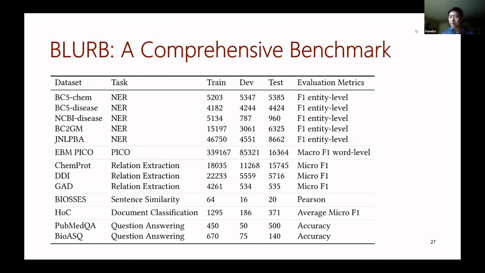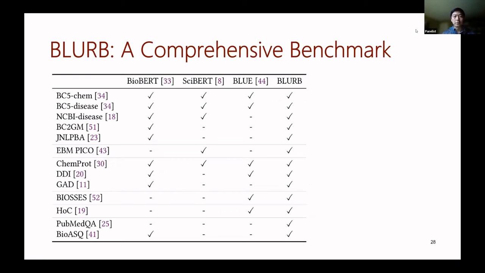To facilitate all this study, we have compiled a comprehensive benchmark that's available in BLURB. It spans 13 datasets across 6 tasks. Obviously we build on prior work such as BioBERT and BlueBERT, and we try to take a superset of the datasets used in those studies.